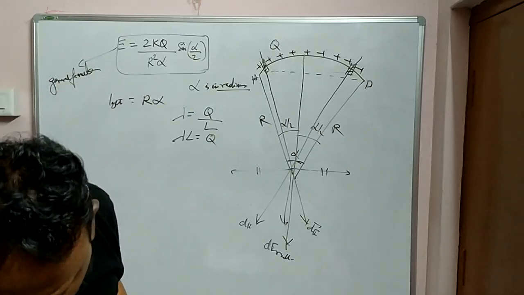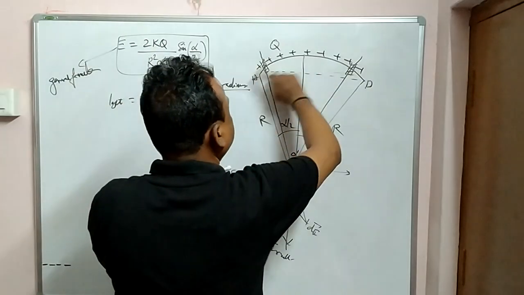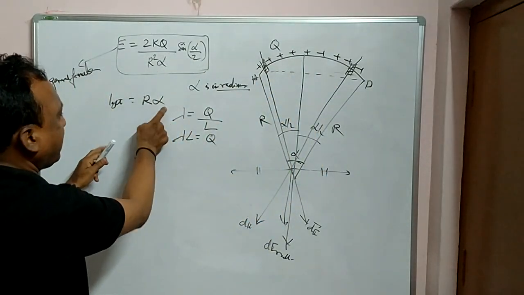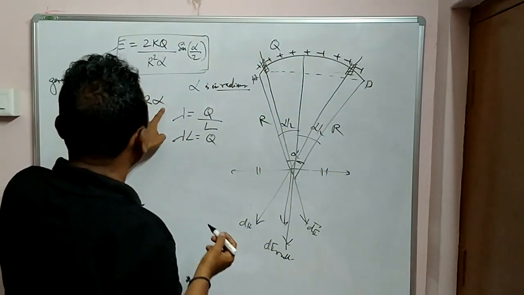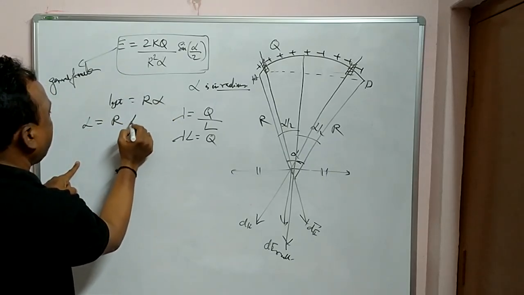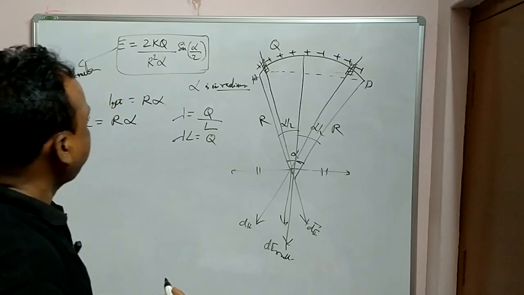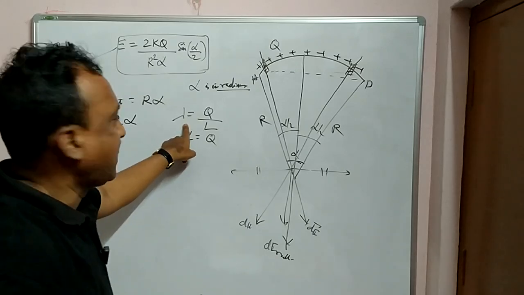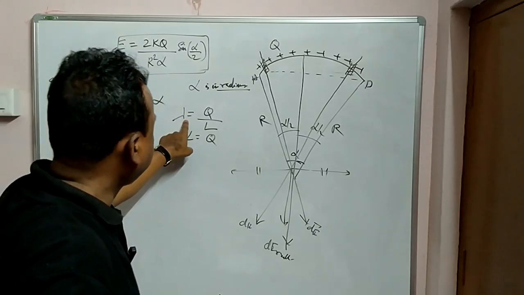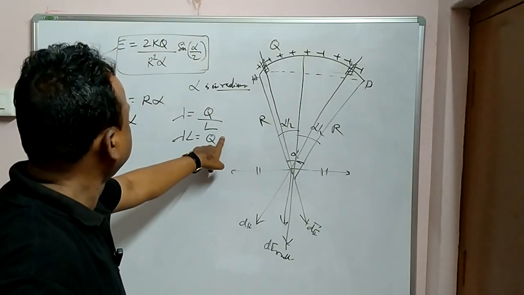Already you calculated the length of the arc, which is r into alpha. This is the length. Other way, what is the linear charge density? Lambda is equal to Q by L, total charge by length.